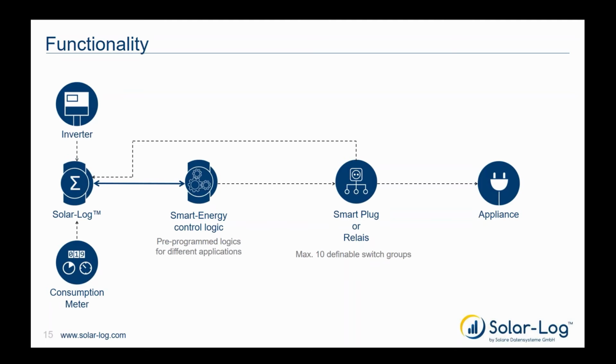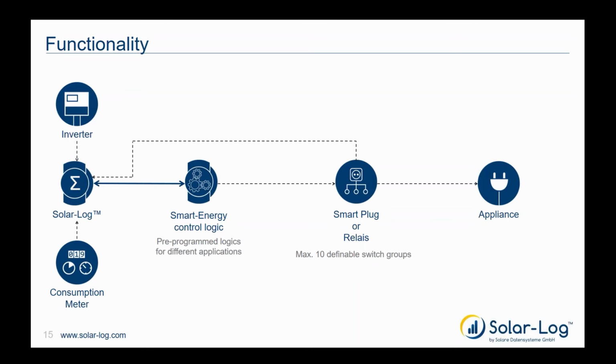So the Solar-Log now knows how much energy is available from the rooftop, and it can give this information to the smart energy control logic. This smart energy control logic is a piece of software inside the Solar-Log, and these are the pre-programmed logics for different applications. I will show you that now.